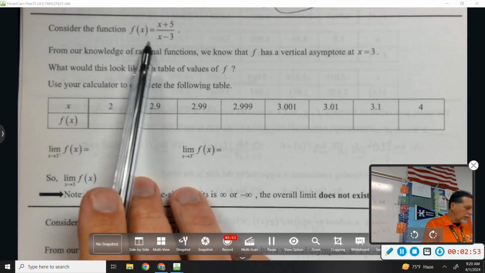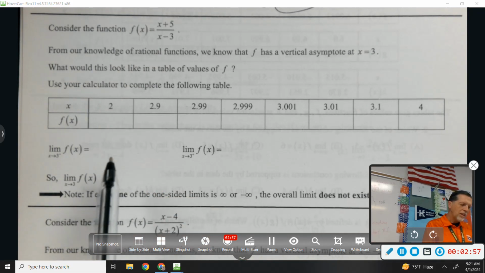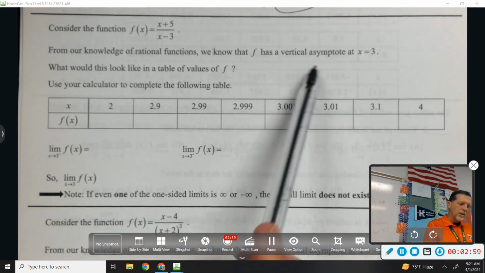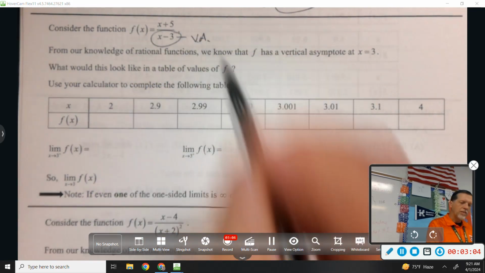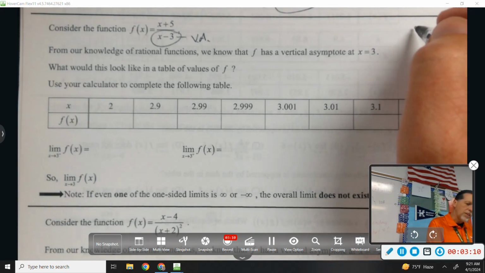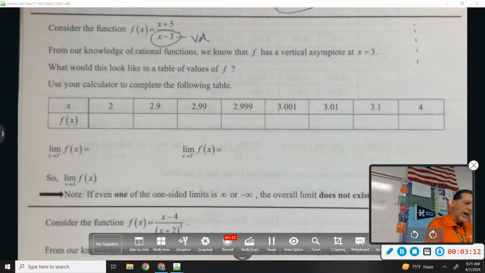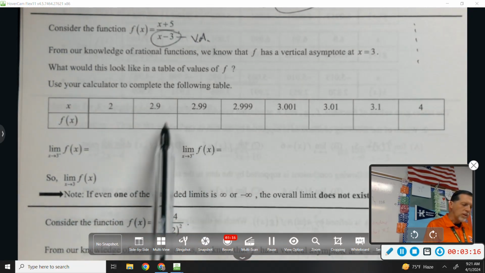Okay, consider the function f of x is x plus 5 over x minus 3. From previous knowledge, we know there's a vertical asymptote, right? Because that factor doesn't cancel. So we know at x equals 3 there's a vertical asymptote, but what would this look like in a table?